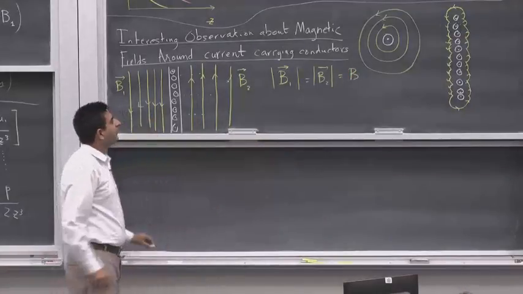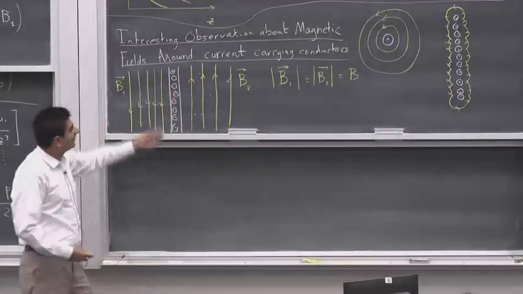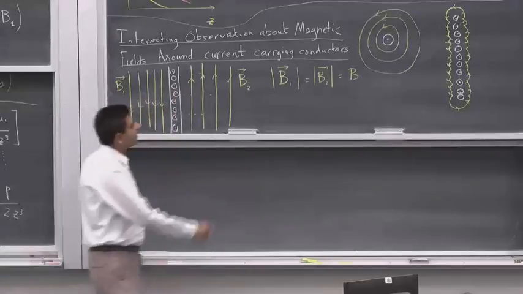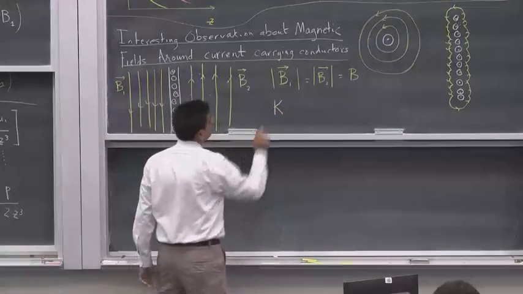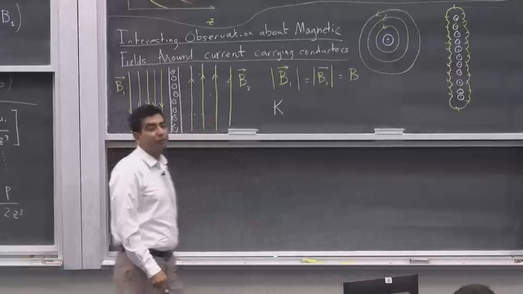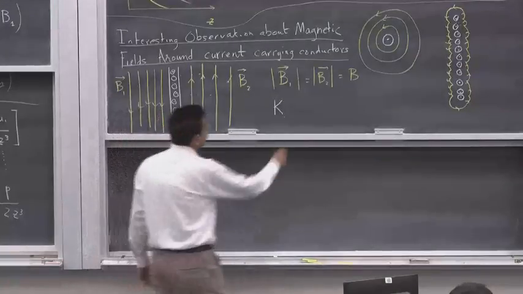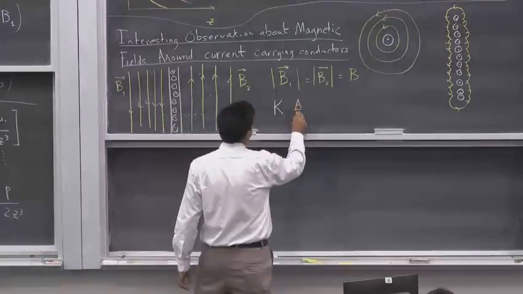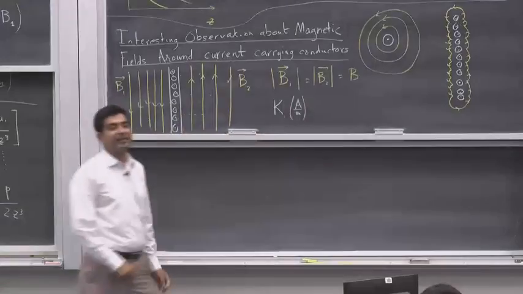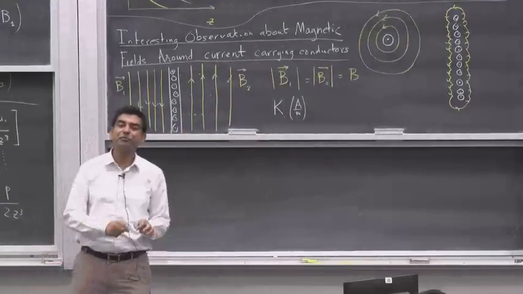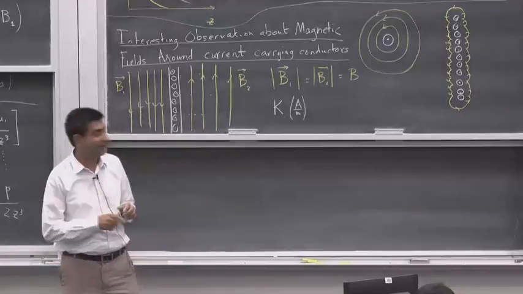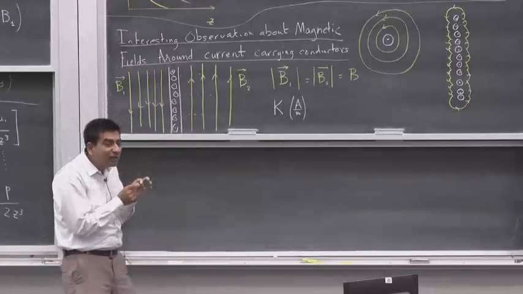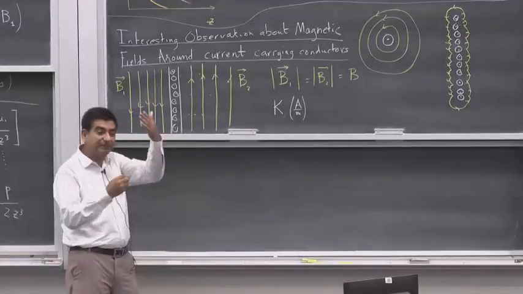Now I've given you the information that this sheet carries a current of K amperes per unit length. K amperes per meter. So instead of having a current density through an area, what I'm specifying here is a current through a certain length of this sheet.